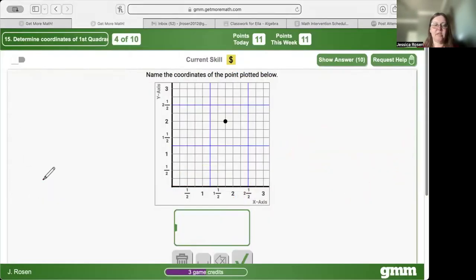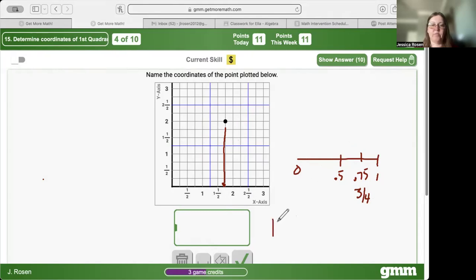Okay. And this one here comes straight down. So again, we're between a half and 2. So again, if you need to write that down, 0.5 between half and then the whole number would be 0.75, which is 3/4, 3/4 out of 4, right? So that would be 1 3/4 is my x.